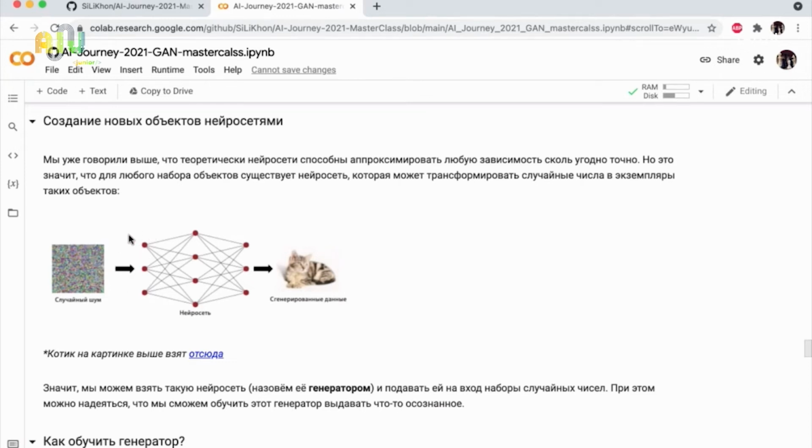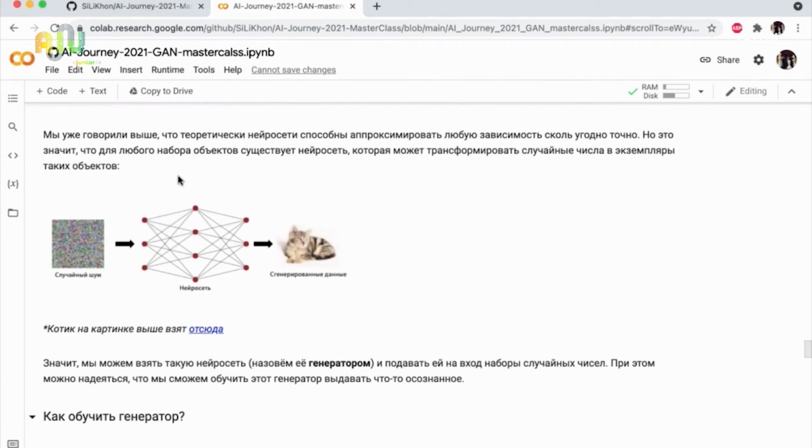And with the help of a neural network, you can transform it into a meaningful image in the end. As I said, neural networks can approximate any correlation.